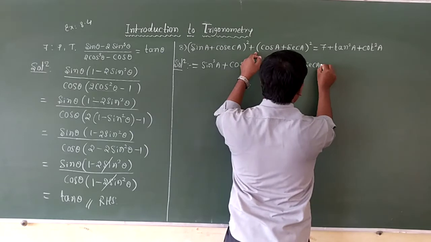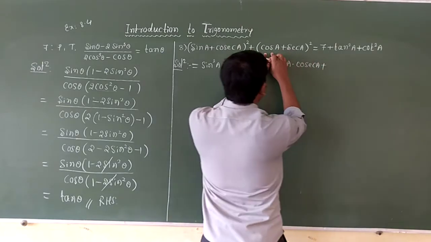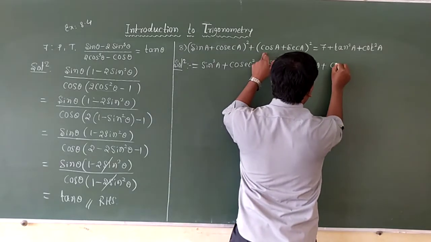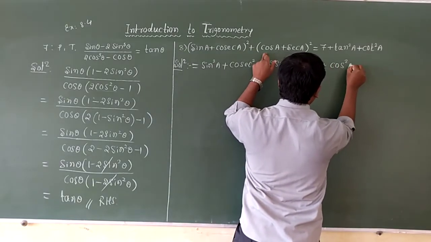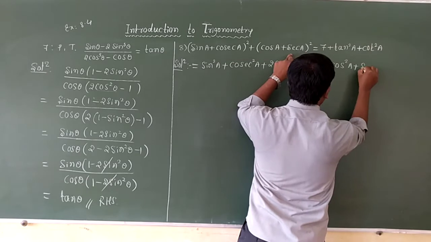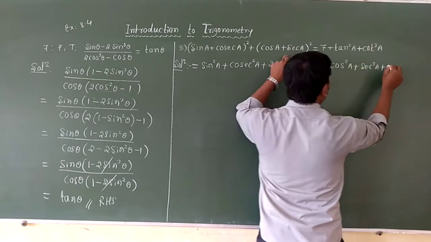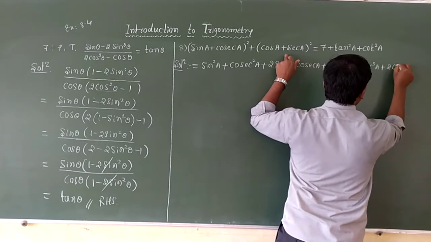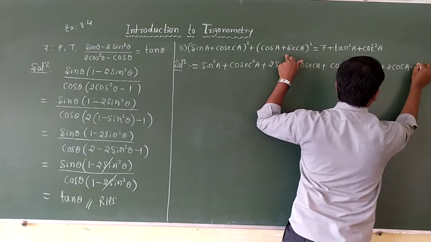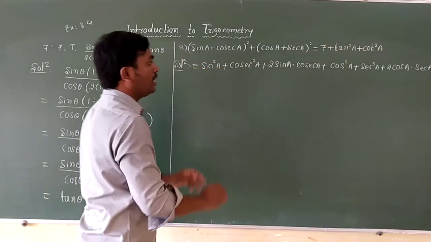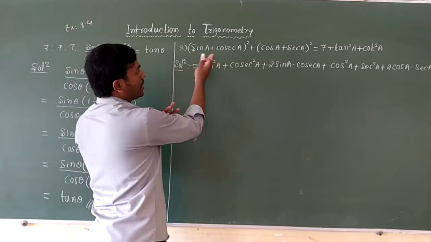In the same way, we will expand the second one also. Here it is also in the same form, (a plus b) whole square. So it is cos square A plus sec square A plus 2 cos A into sec A. Here we have expanded the LHS.